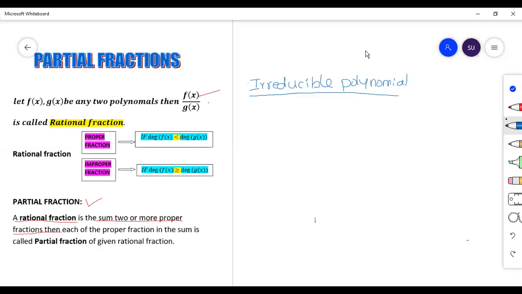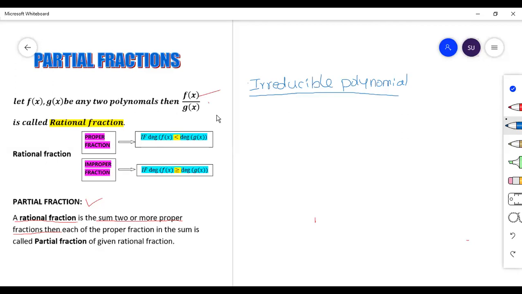The next definition is irreducible polynomial. What do you mean by irreducible? The name itself says it cannot be reduced, that is, reduced to linear polynomials.